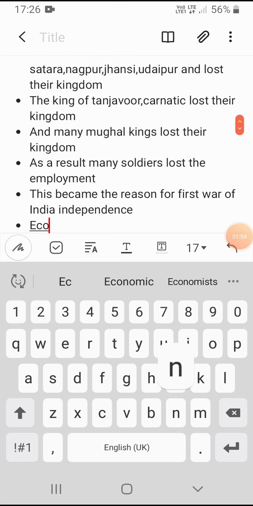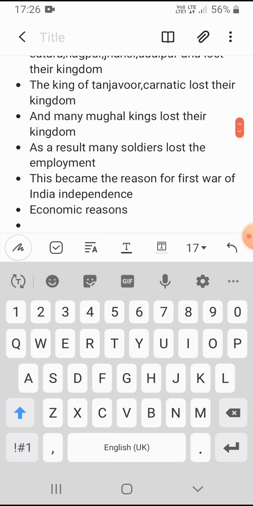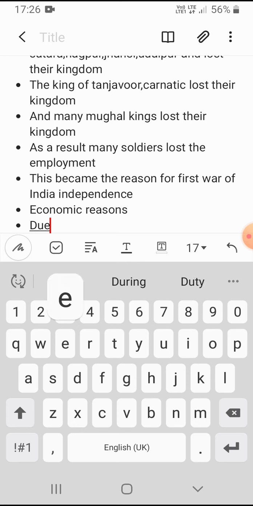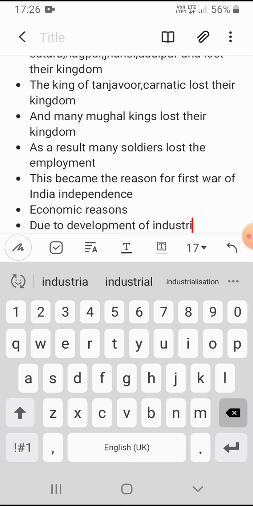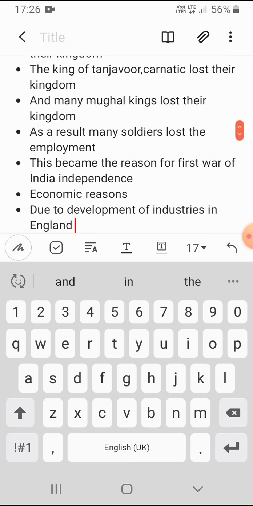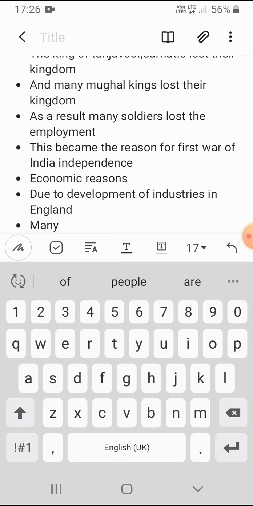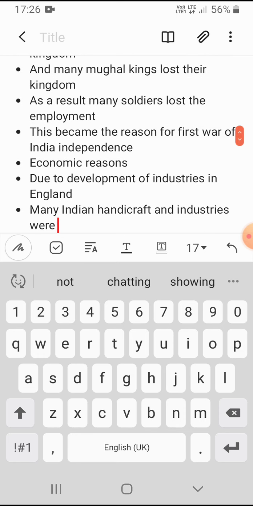Next is economic reasons. Due to development of industries in England, many Indian handicrafts and industries were demolished, means they were stopped.